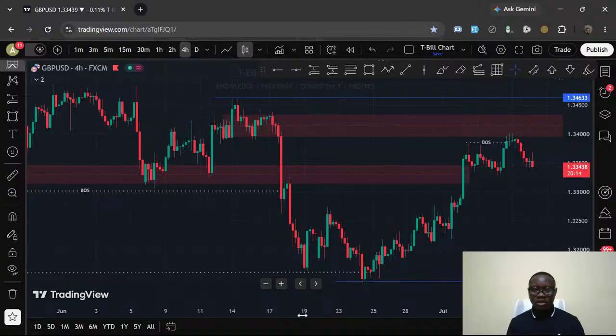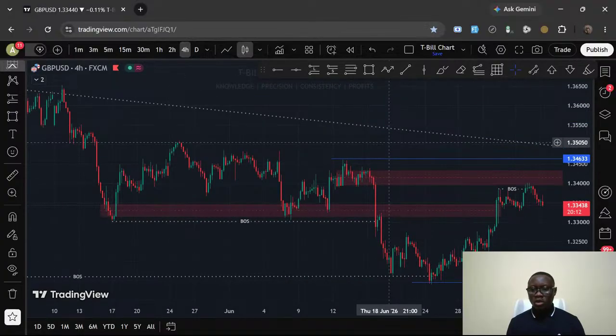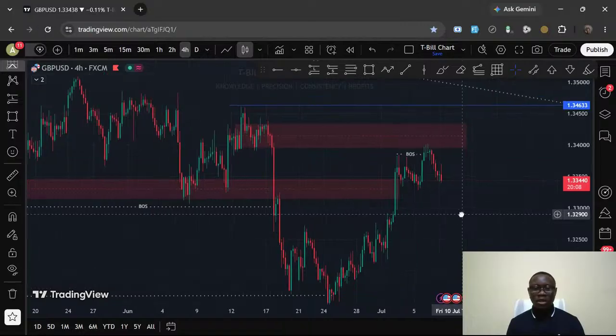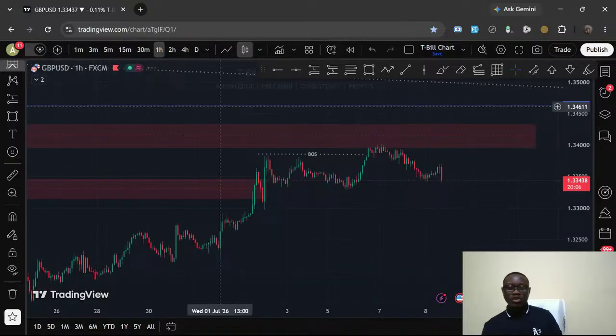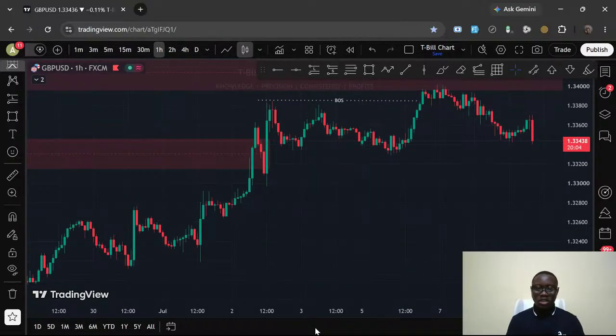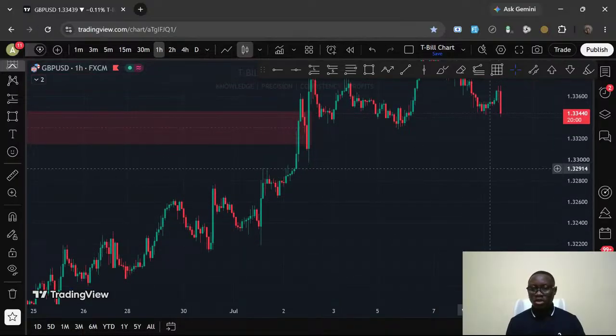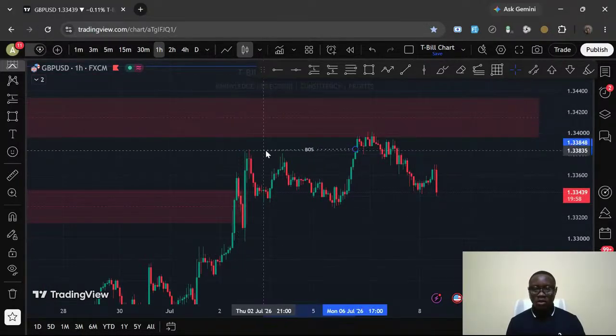All right, so from the 4H time frame, the 1H zone aligned with that of the 4H. So let me drill down to our entry time frame, which is 1 hour or 30 minutes, and I'll look for a potential reversal at that zone.